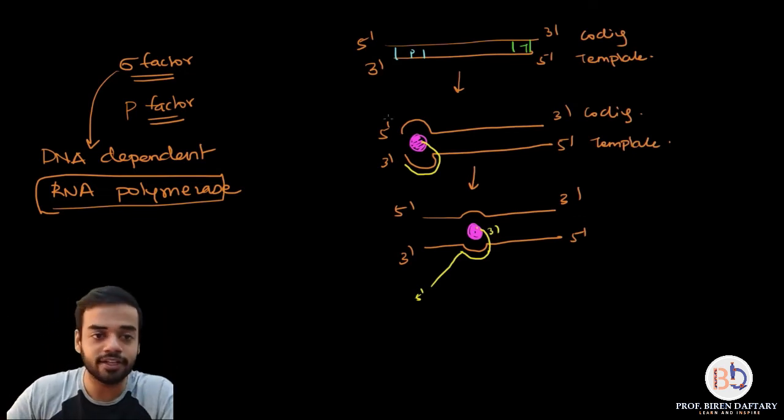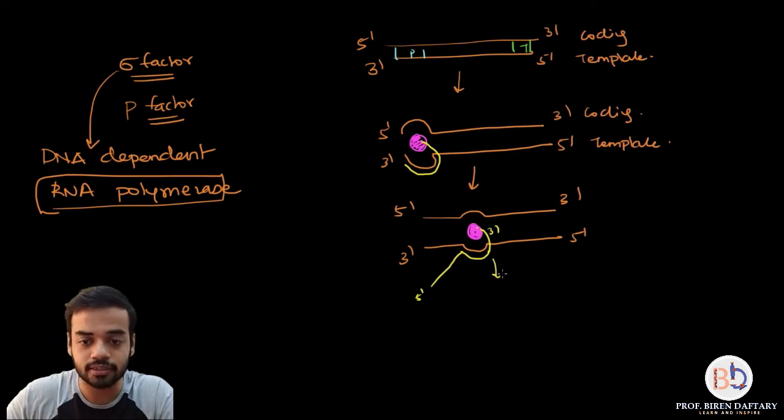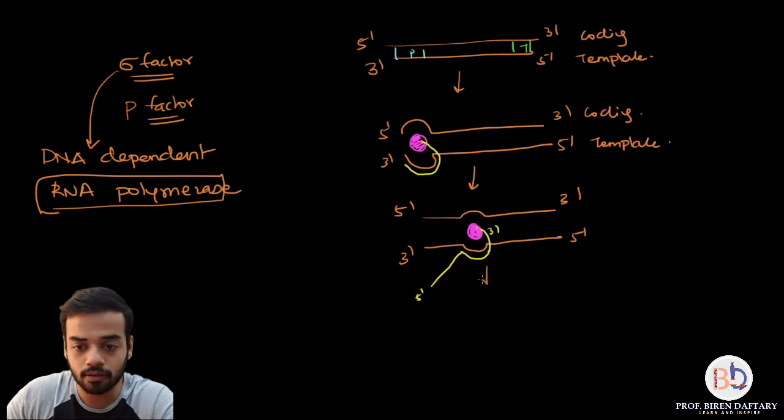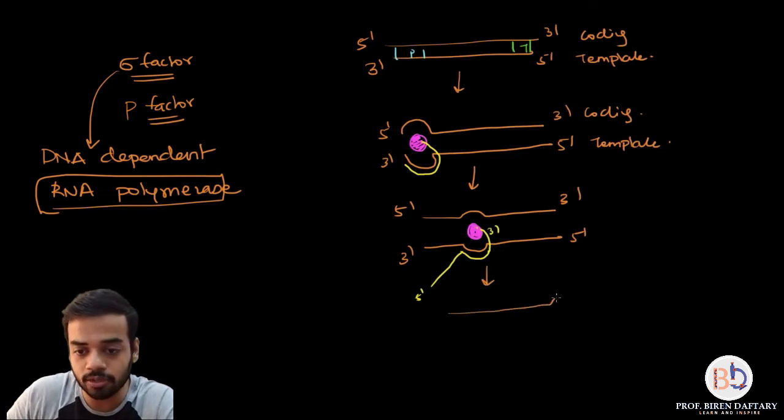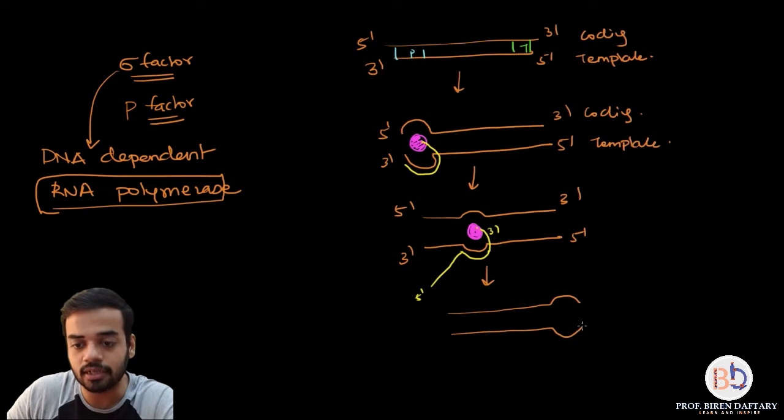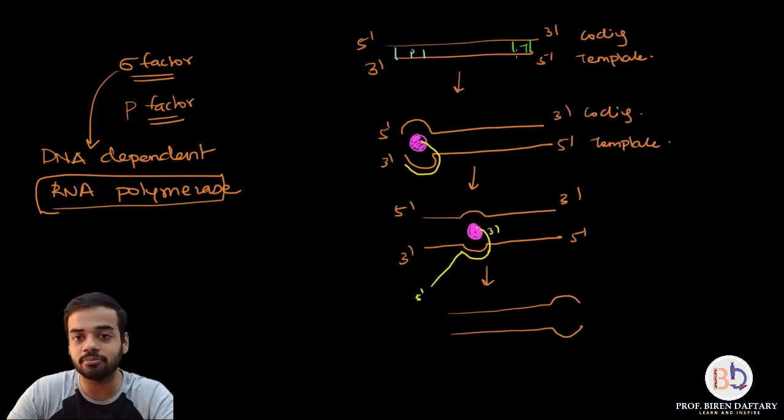And finally, in the last step, the RNA polymerase has moved towards the last part of the DNA molecule, which is the terminator region.